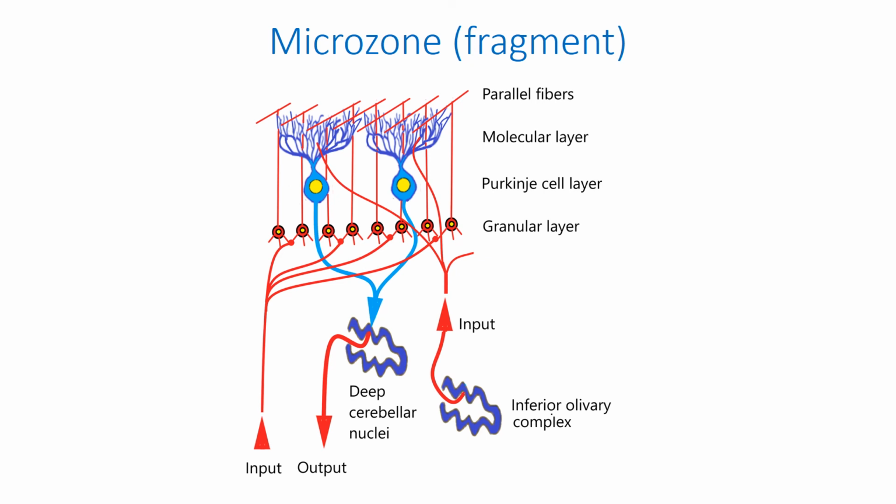Microzones with their interconnected small parts of cerebellar nuclei and inferior olivary complex form the operational units, micromodules of the cerebellum. Interestingly, the olivary neurons generating climbing fibers belonging to the distinct microzone are usually coupled by gap junctions. This helps to synchronize Purkinje cells within a microzone on a millisecond time scale.